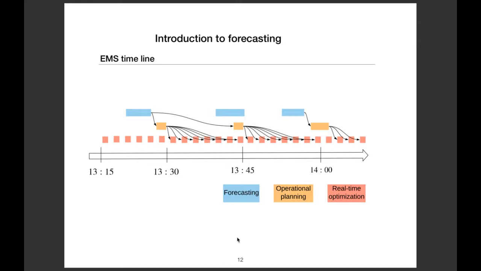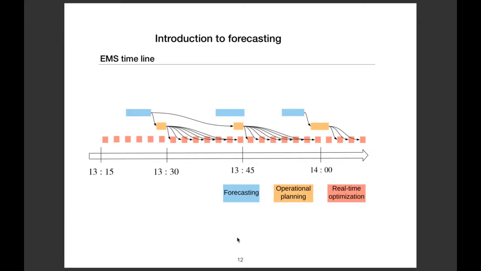Then the operational planning takes that information as input and, based on that, says, okay, for the next 15 minutes I will have a nice production, a lot of PV generation. So I can charge my battery storage, for instance, because I estimate that I will have a lot of PV generation.